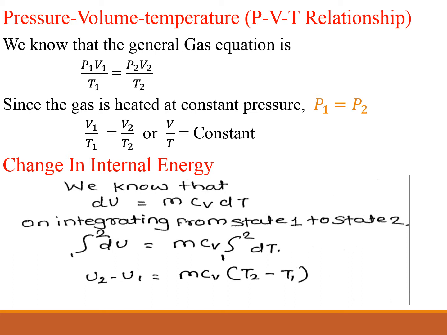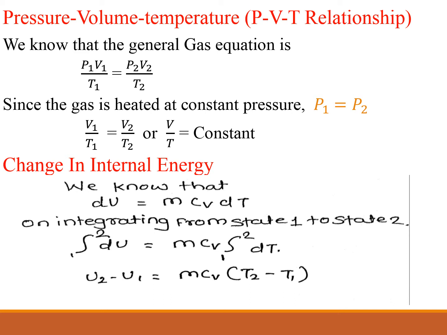Now let us derive the following relations for the isobaric process. PVT relation. We know that the general gas equation is PV upon T equal to constant, so for process 1 to 2, P1 V1 upon T1 is equal to P2 V2 upon T2.